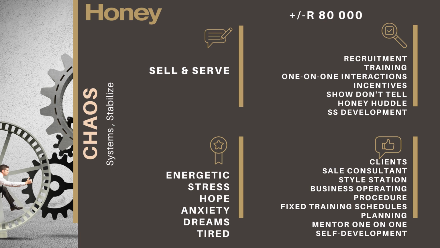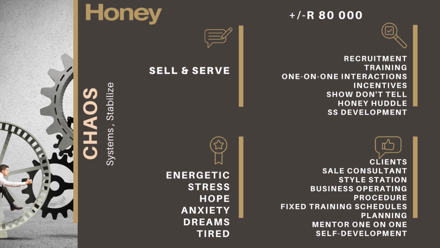We very often are so service focused that we sacrifice our personal life. So make sure when I talk about a business operating procedure, you sat down and you said, these are my office hours. These are the days my girls come and collect stock. These are the days that I do X, Y, and Z. And these are my rest days and these are my family time. So that's very, very important. Remember that business operating procedures are there to help you get a balanced life.